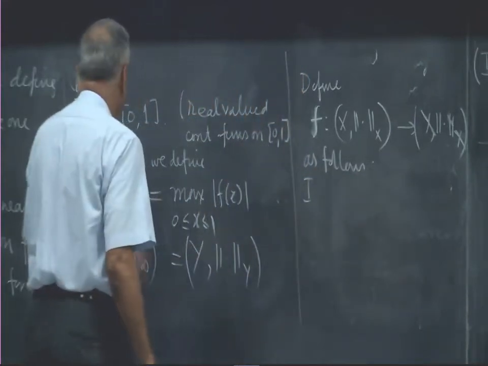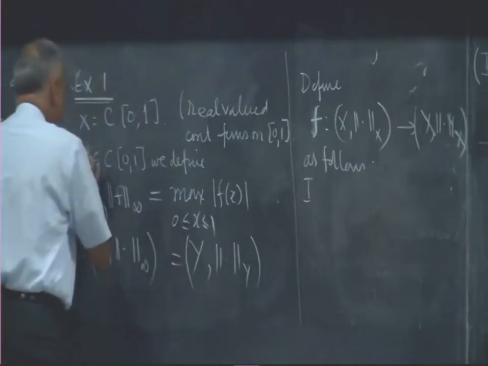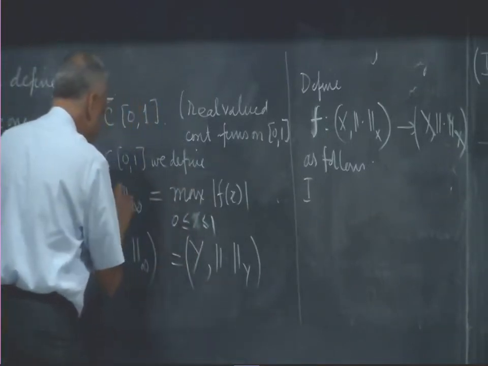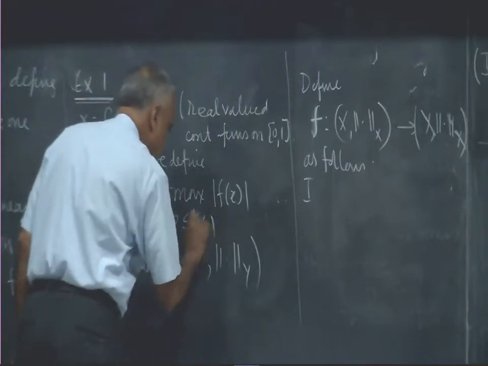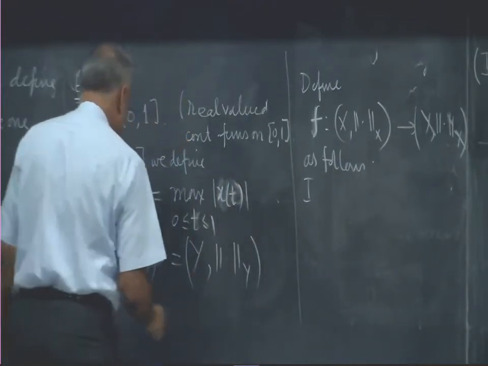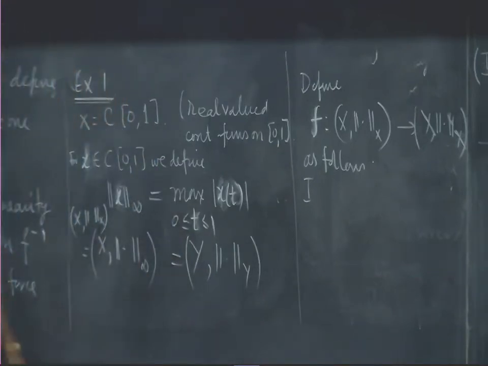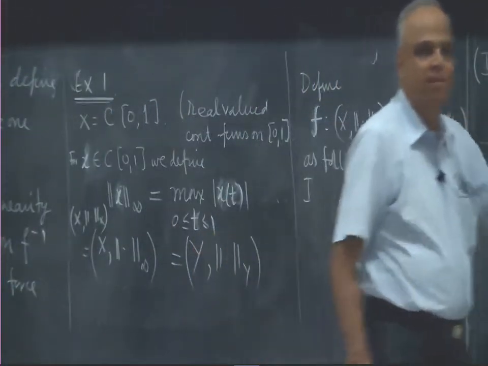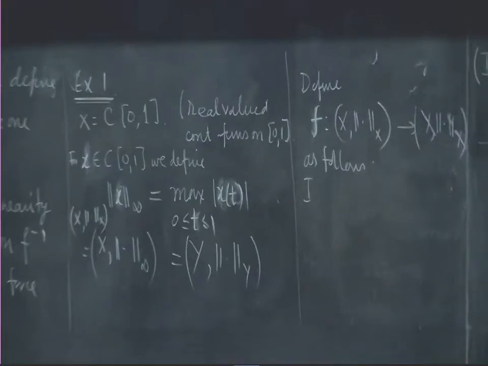There are too many f's, right? So I will call it x belongs to C[0,1], with norm x infinity, 0 less than or equal to t. I will use the variable t. Now I call the function x of t. Because I use the letter f for the transformation, I will continue with that letter.